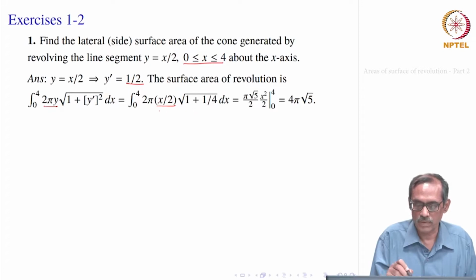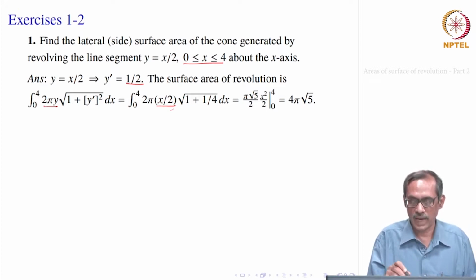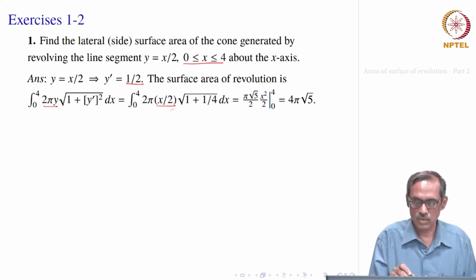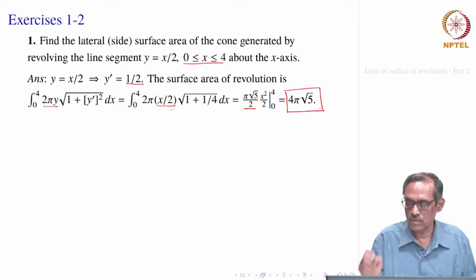So pi times root 5 by 2 into x, and x has the integral x squared by 2, to be evaluated at 0 and 4, and that simplifies to 4 pi times root 5.